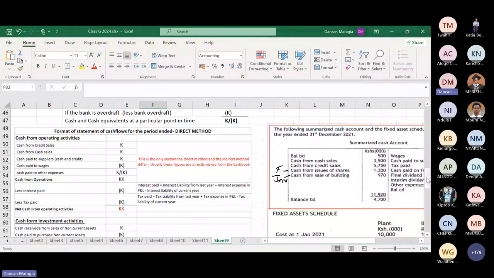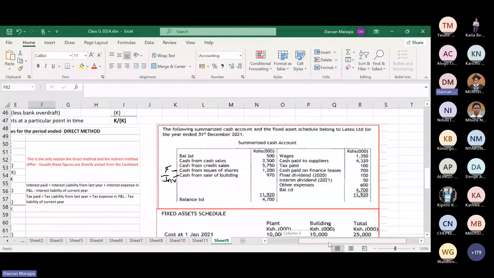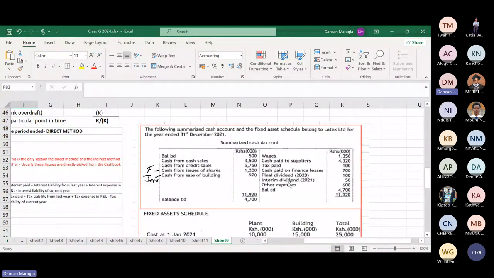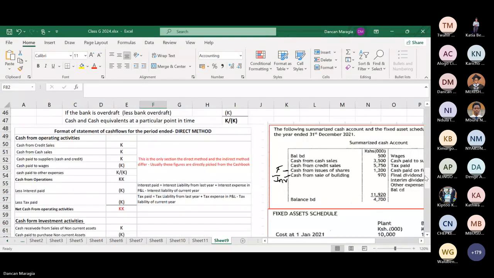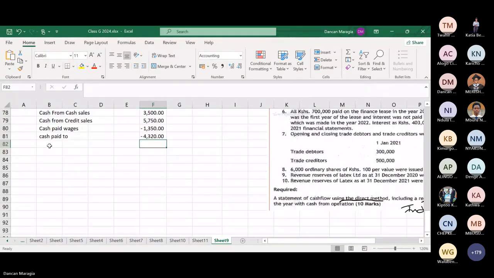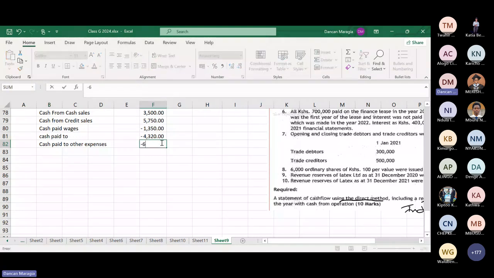Let's check if there are any other expenses. We can see other expenses of 600.